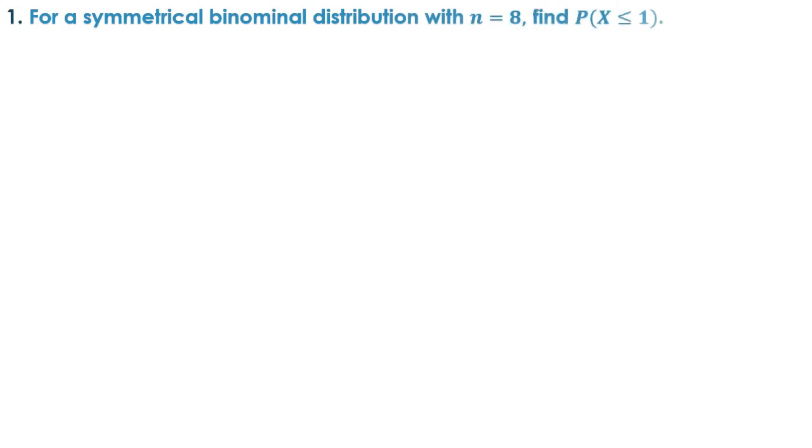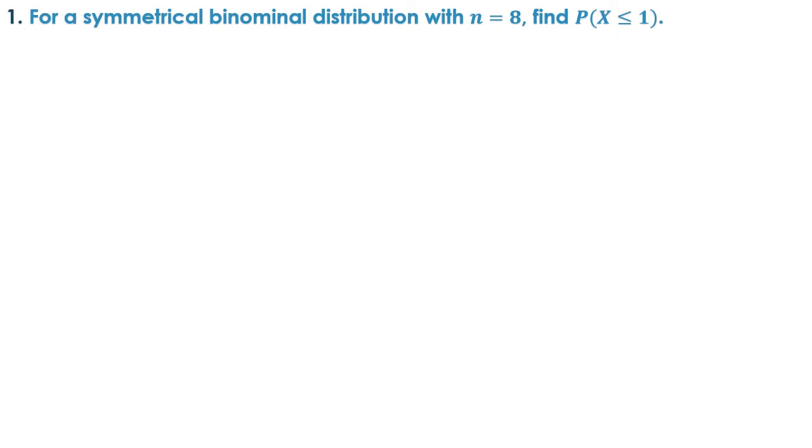Now the first question we have. For a symmetrical binomial distribution with n equal to 8, find P(X ≤ 1). Now the question itself gives you many details. First of all, n is 8, but our parameters are n and p, and we are not given p here. But if you read the question properly, it says a symmetrical binomial distribution.